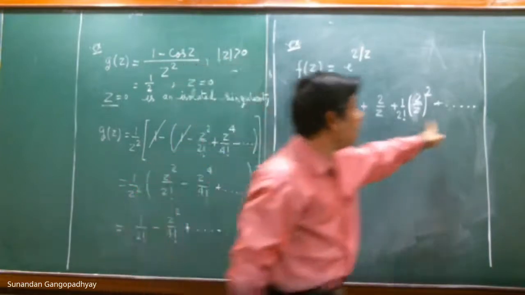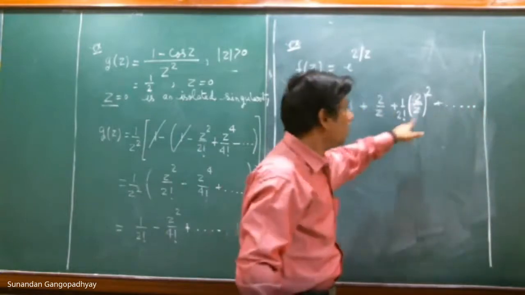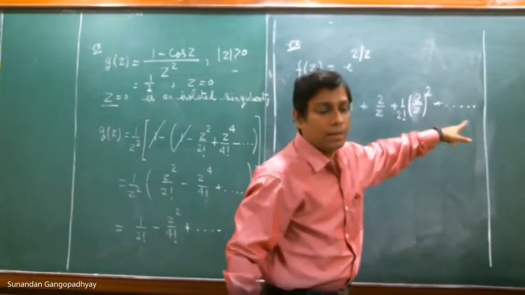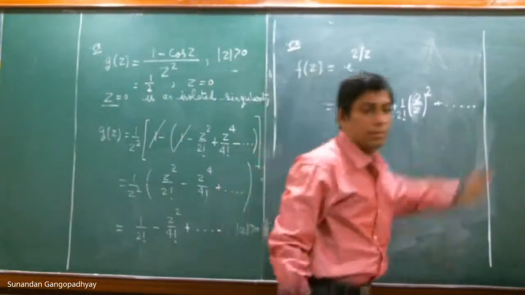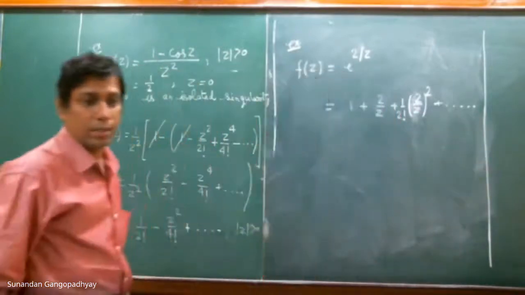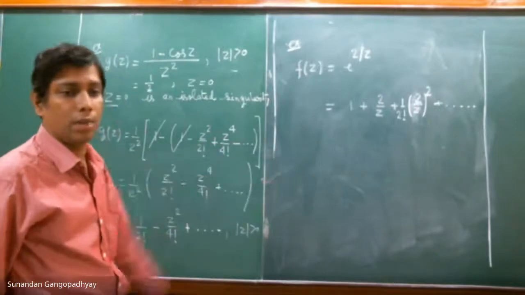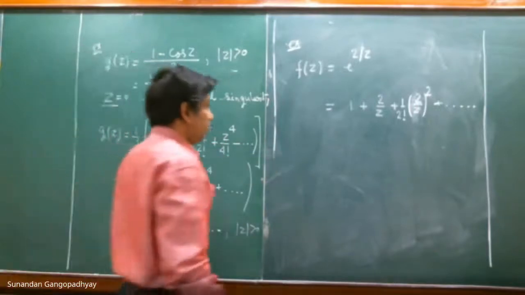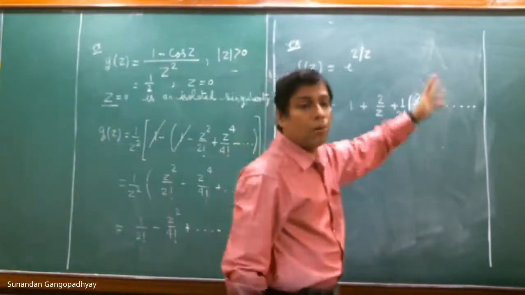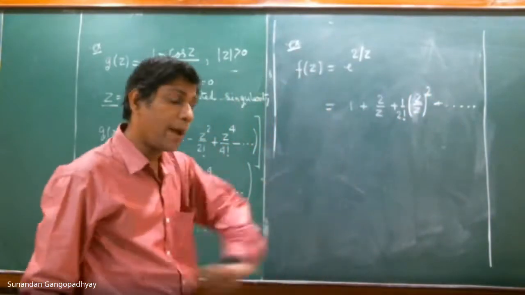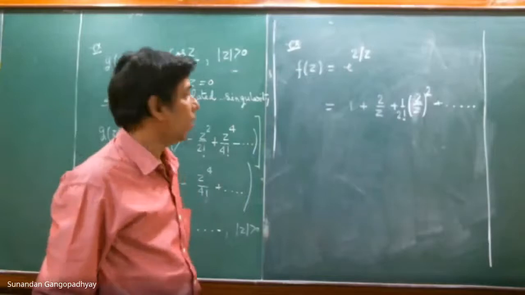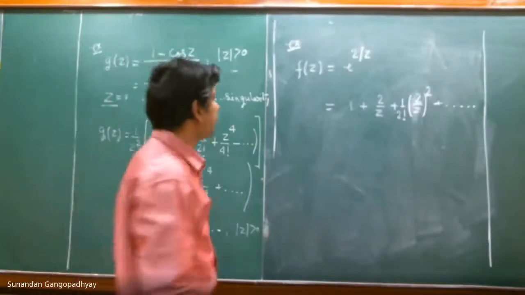See, there are infinitely many powers in the denominator present in the Laurent series expansion. Therefore, this is an essential singularity. This is not a pole of order k or a simple pole or whatever. This is an essential singularity because infinitely many negative powers of z exist.